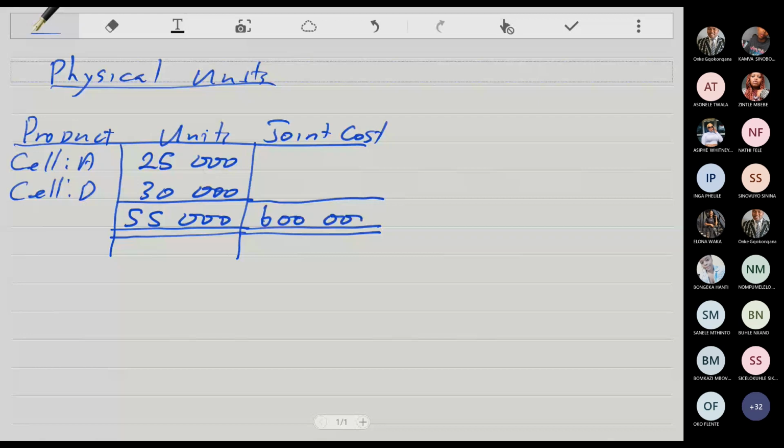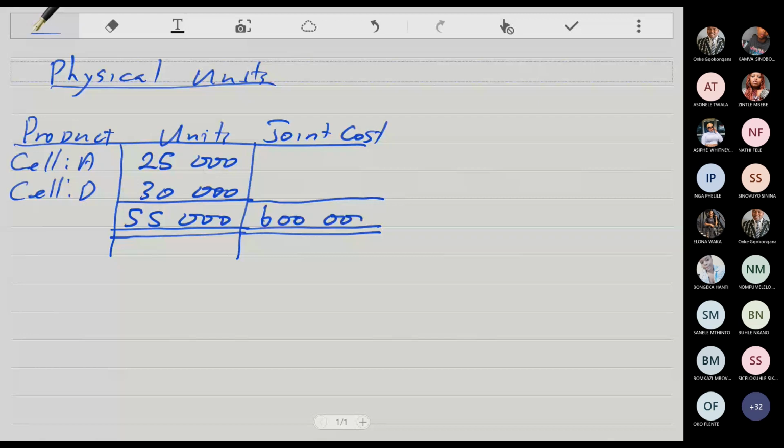Now we want to split it according to the number of units we produced in each product. On product A, we've manufactured 25,000 units. Product B, we've manufactured 30,000 units.